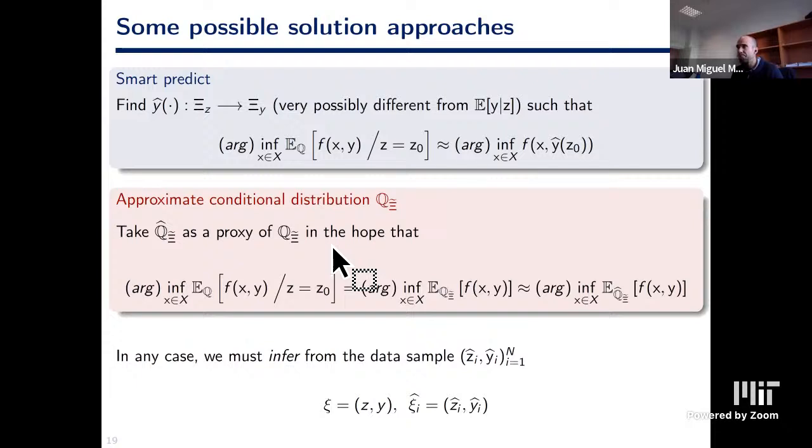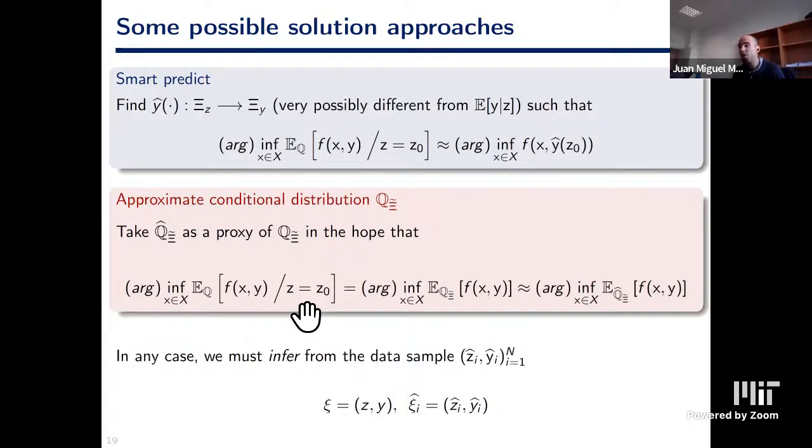So the idea of this second approach, if you recall, is that we are going to get a proxy of the true conditional distribution of the uncertainty y, the one affecting my cost function, given the context set equal to set 0.